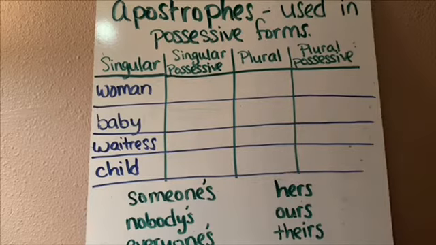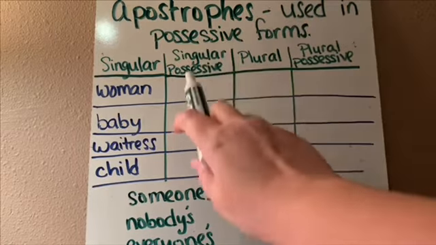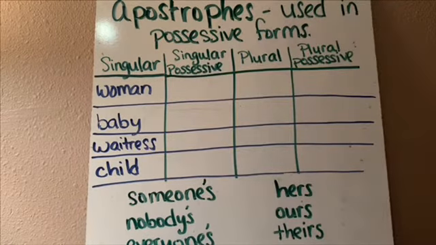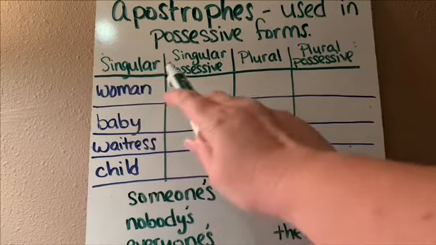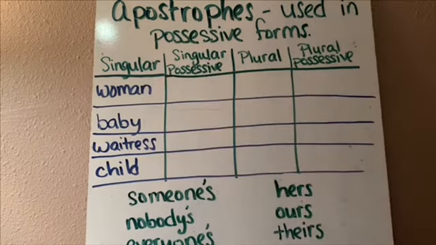All right, so we use apostrophes for possessive forms. Remember, the possessive case of most singular nouns is formed by adding an apostrophe S, okay? So, singular possessive, I am talking about one woman, and I'm talking about her food.